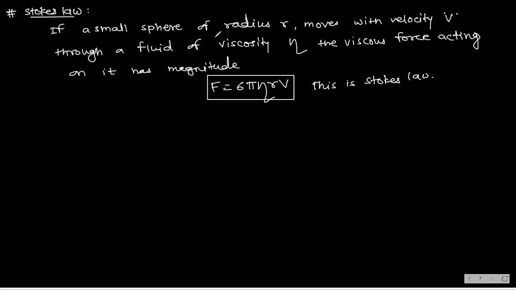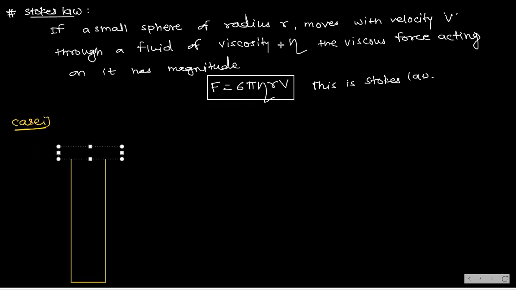in brief what happens in case 1 and case 2. First of all, case 1. Now I am considering a tube in which some liquid is filled. Let us suppose I have filled one liquid in this tube.